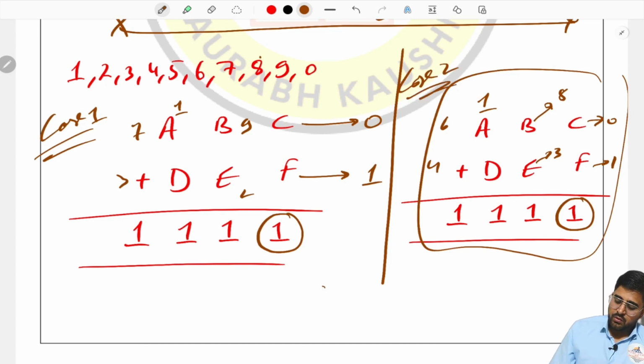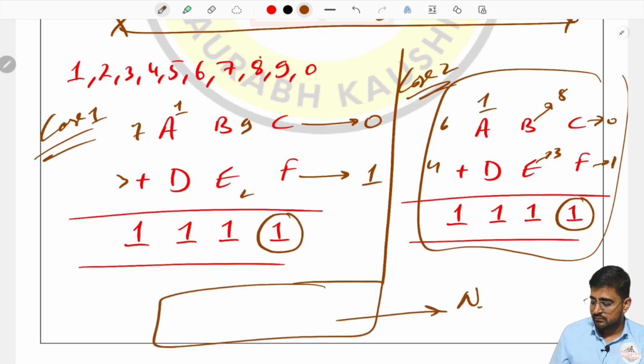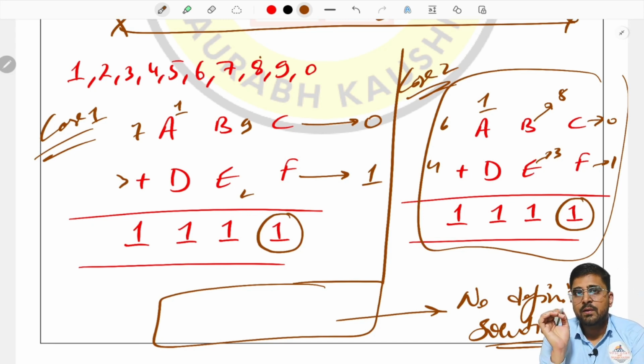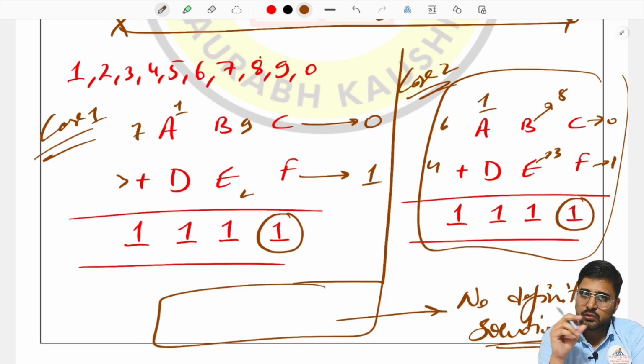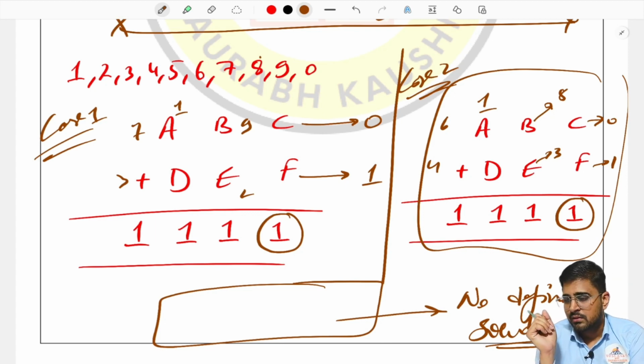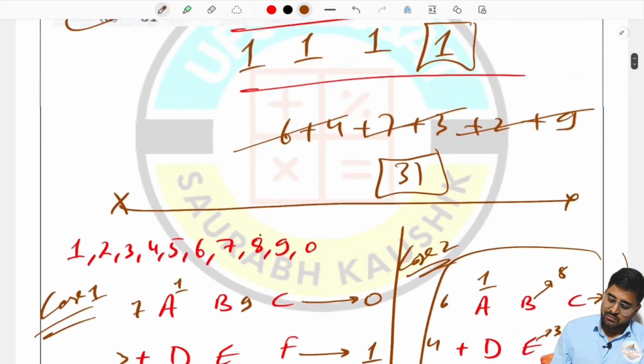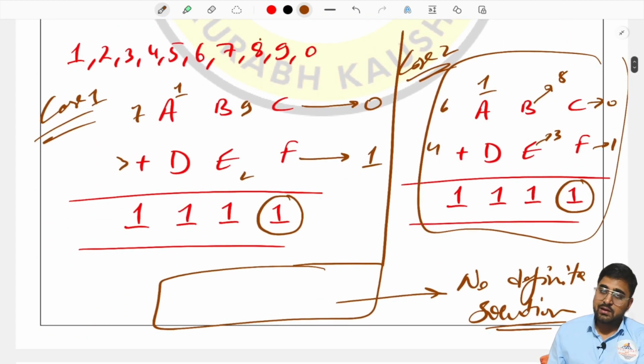So there will be no definite solution if 0 comes in the picture, and there is a high possibility that in next year's examination they will include 0 also, and then give you the option that no definite solution or cannot be determined. So that is why I tried to clear a few things. Try yourself, you will get multiple permutations here. Okay, let's move to the next question.